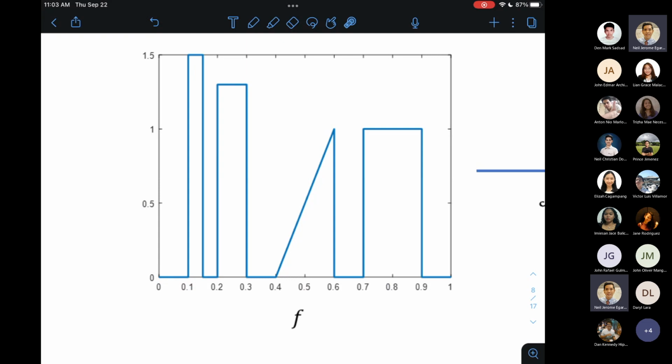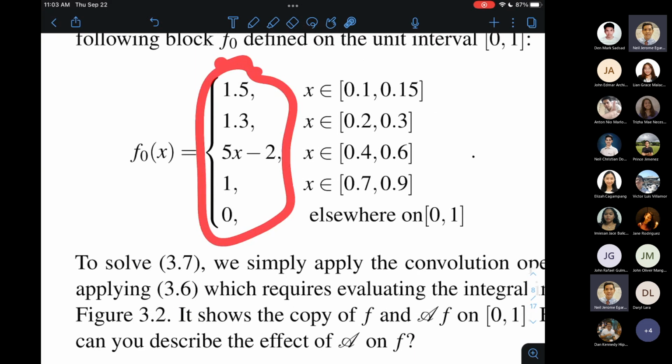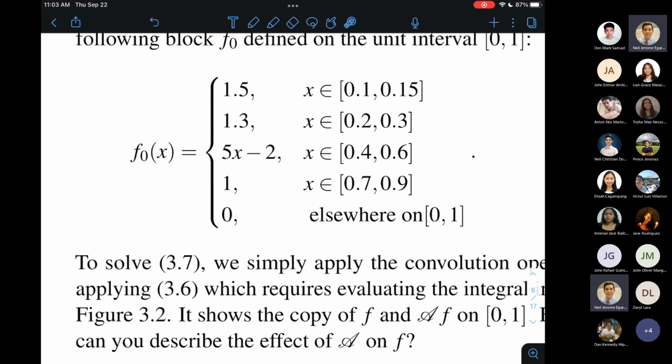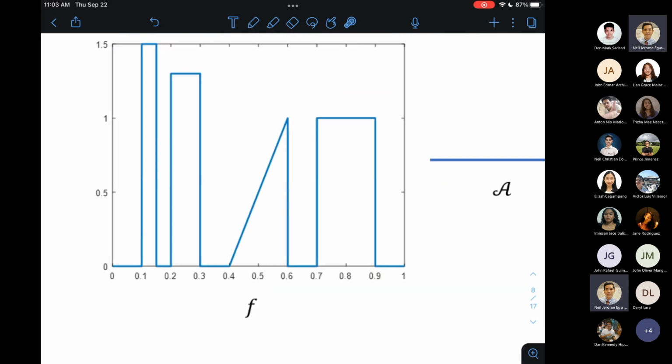But it's piecewise continuous because the pieces of this function are continuous. That is what piecewise continuous means. Each of the pieces is continuous, but as a whole function, it is not continuous. Right?